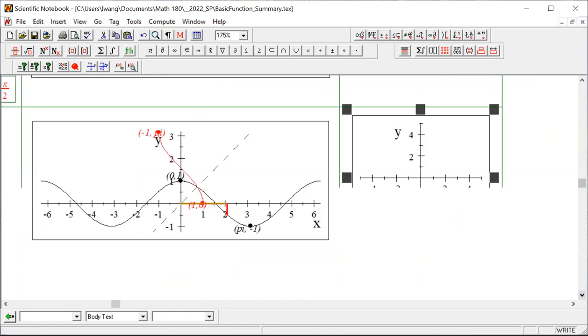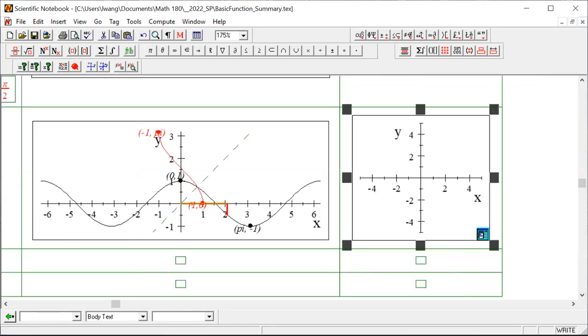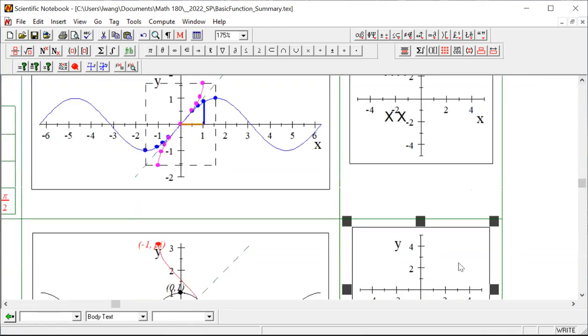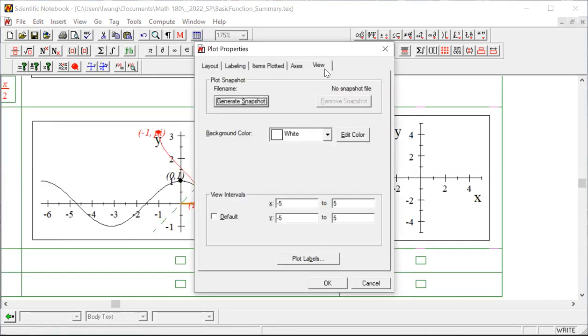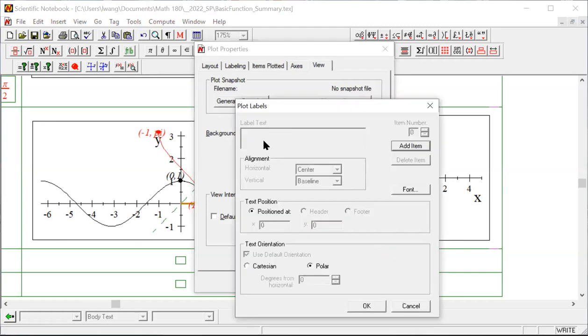So when we chop it off, we're going to chop off quadrant 3 and quadrant 4.